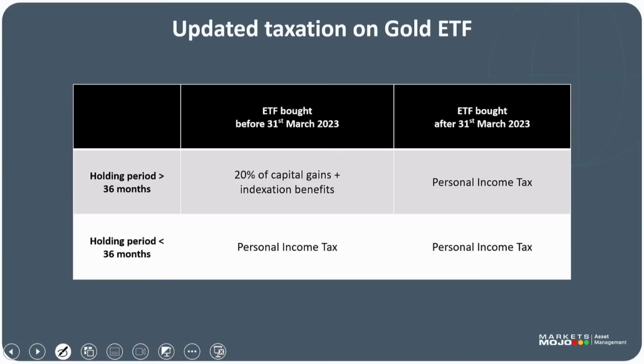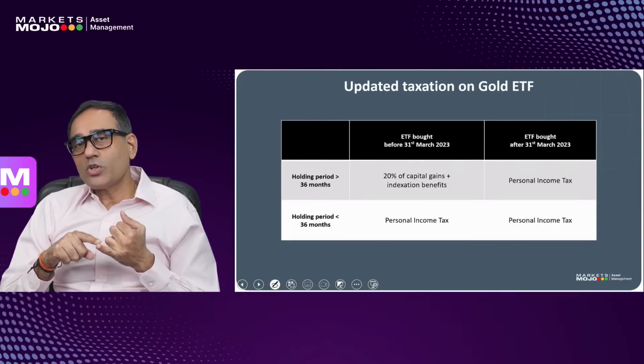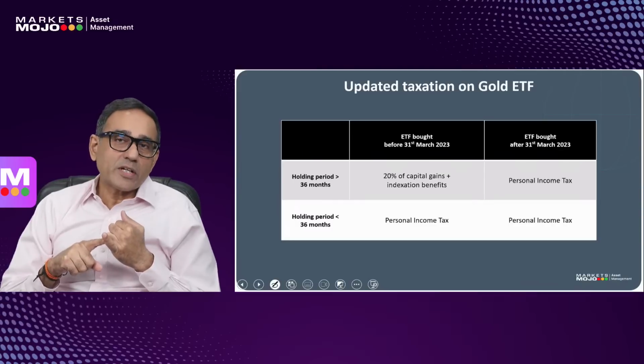So if you have to buy the ETF now, your tax liability goes up much higher. Why? There is no cost of indexation available, no concessional rate of 20%. You will be charged at your personal income tax, and most of our investors would be in the 30% slab rate.